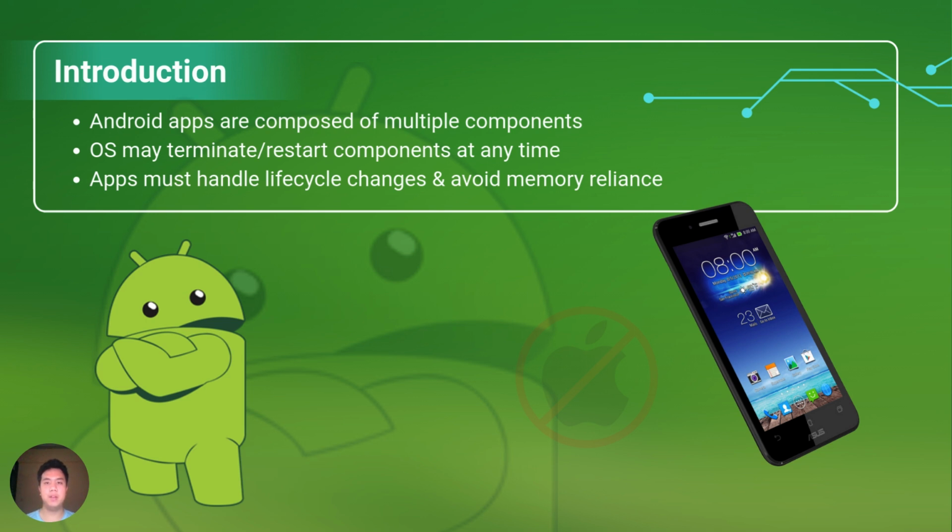Since users frequently switch between apps and mobile devices have limited resources, the OS may terminate and restart app components at any time, and not necessarily in order. As a result, Android apps must be designed to handle dynamic workflows and unexpected lifecycle events, avoiding relying on in-memory data or tightly coupled components.